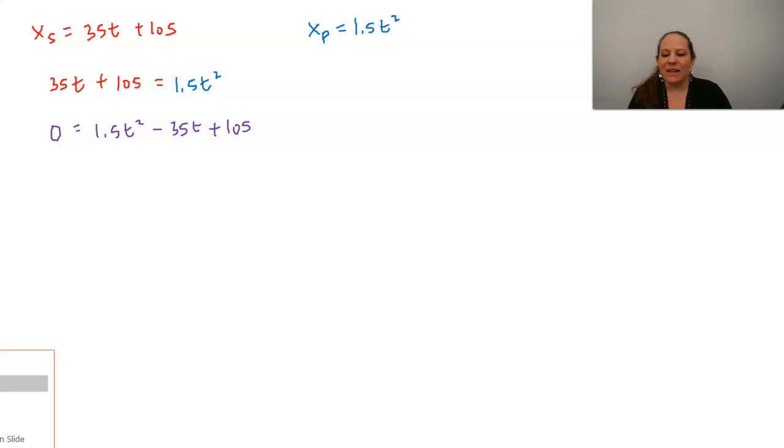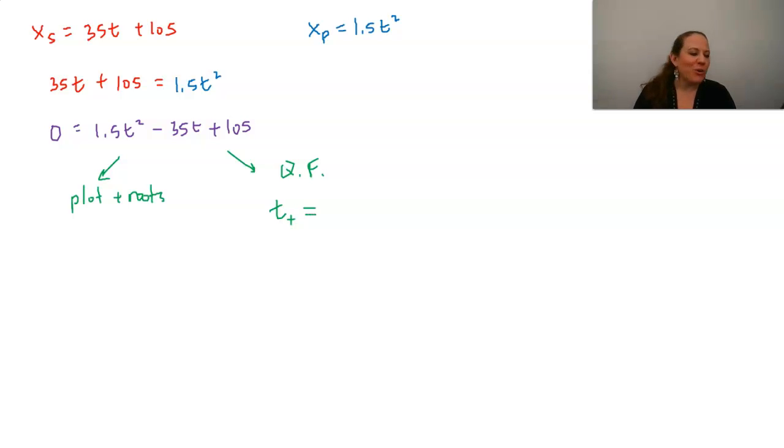Again, you've got the option, 2 ways to solve. You can plot and get the roots, or you can use the quadratic formula, and when you add in your numerator for the quadratic formula, you are going to get 26 seconds, which makes sense. It's 3 seconds less than before because before we were defining time in terms of what the speeder did.